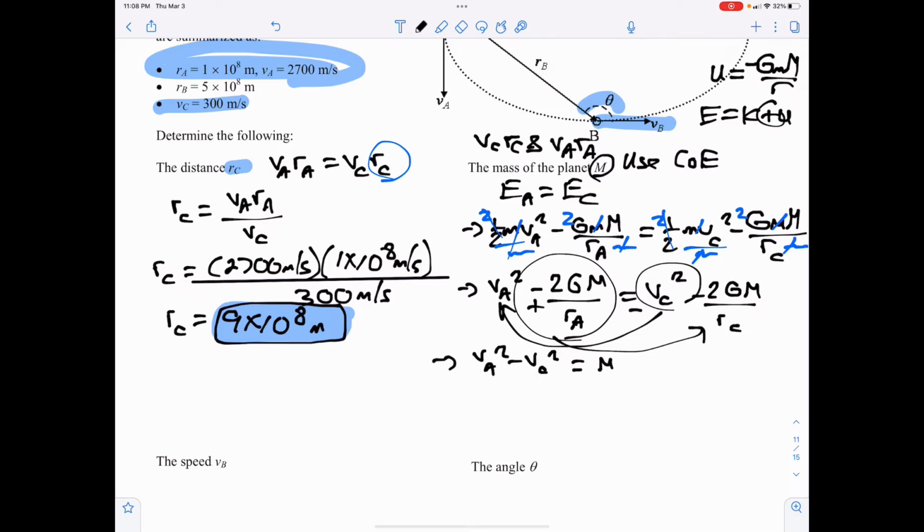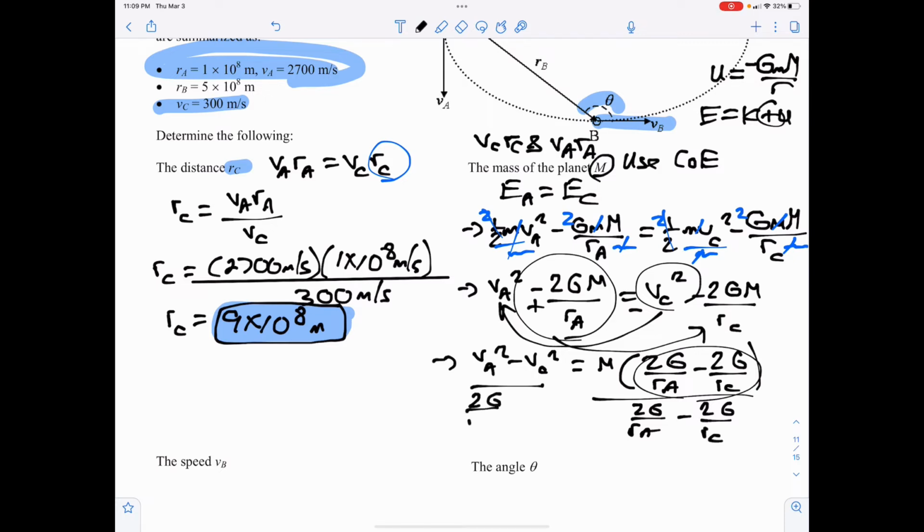So if I factor out my common mass, then what I'm left with is 2G over RA minus 2G over RC. And if I just divide both sides by that, you're going to have a value for mass.